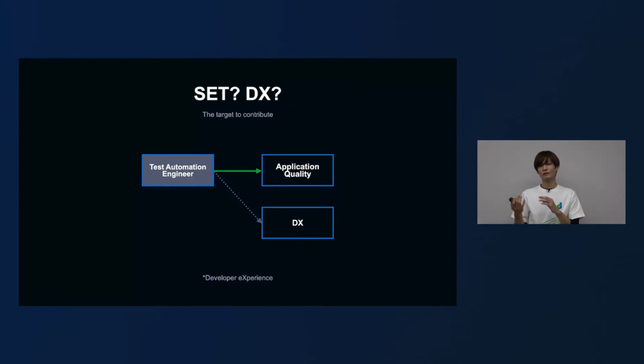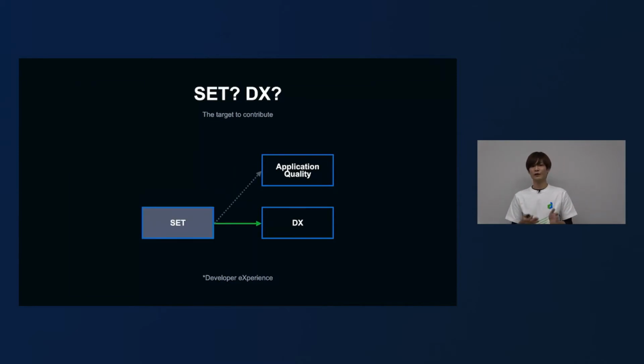You can control something which used to be difficult to execute, or you can find something you missed in the past. But that may not lead directly to enhanced developer experience because of the late feedback, as I mentioned earlier.